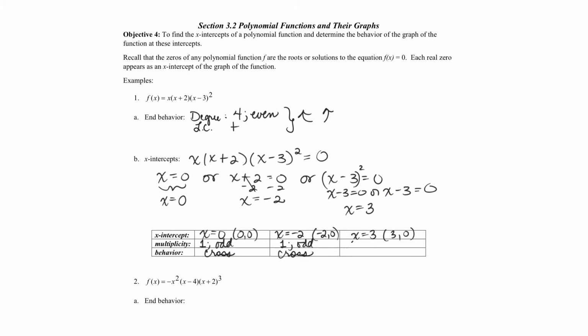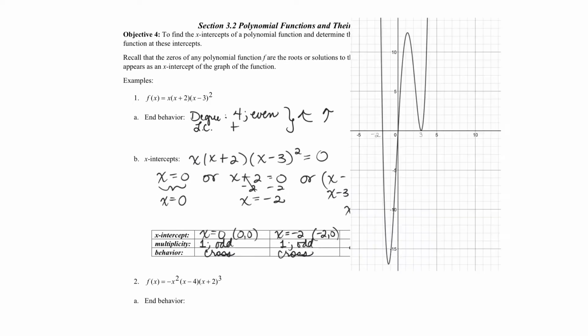So multiplicity is 2, which is even, which means it's going to touch and turn around at that x-intercept.